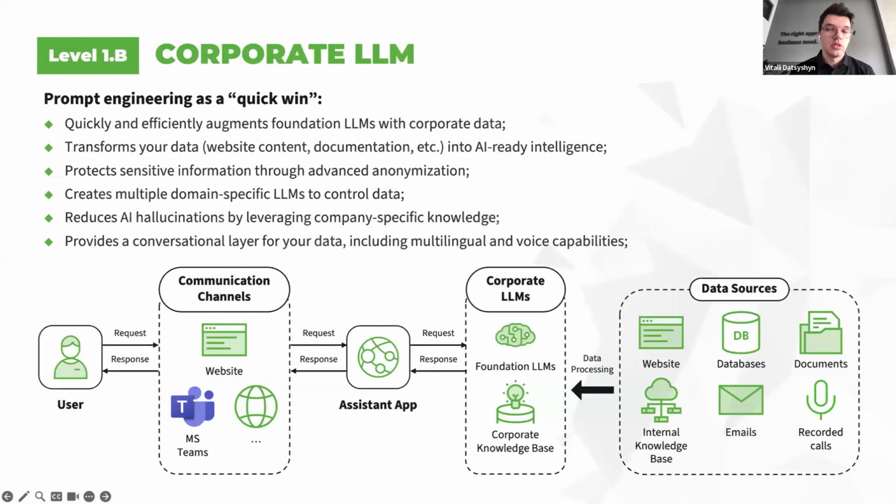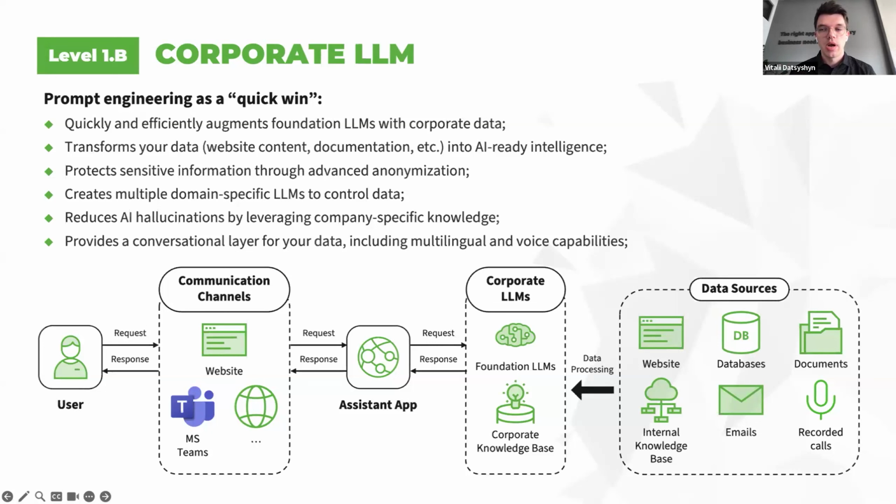Corporate LLMs come into play when we need to extend foundation models with corporate-specific data. Usually, we use RAG, retrieval augmented generation, as a quick and efficient solution to enrich pre-trained models with domain knowledge.